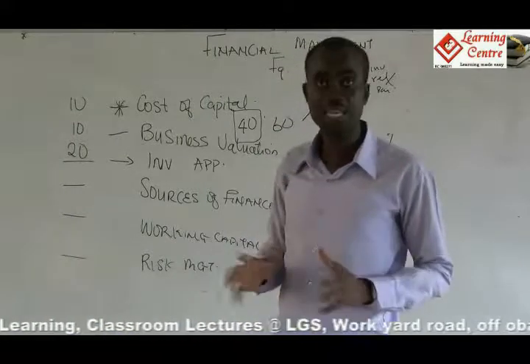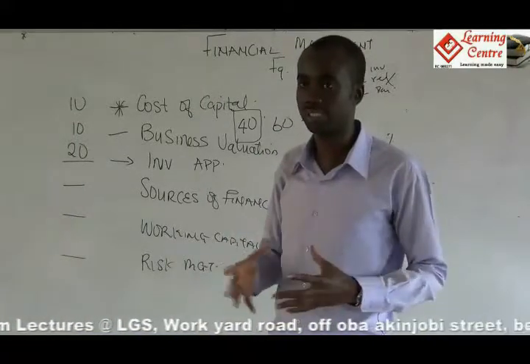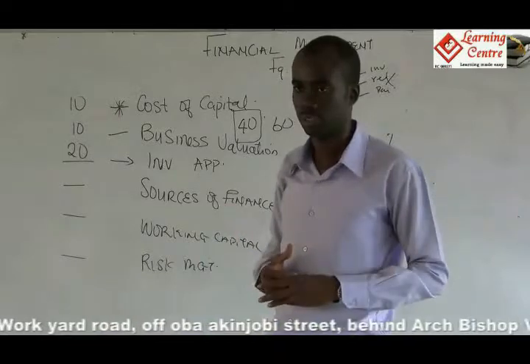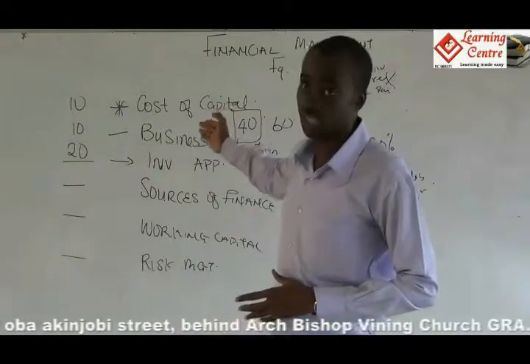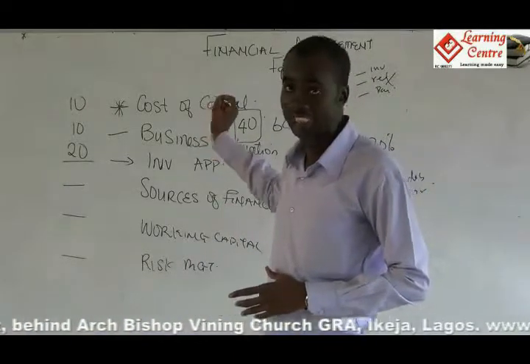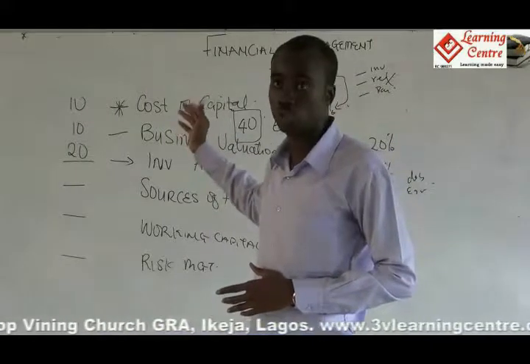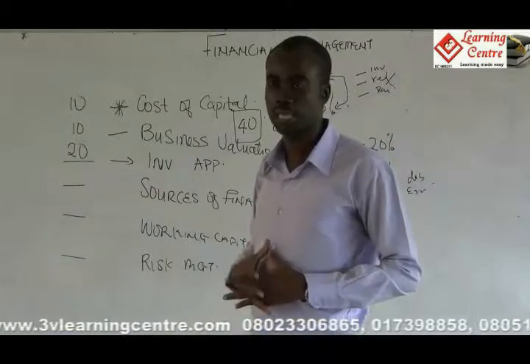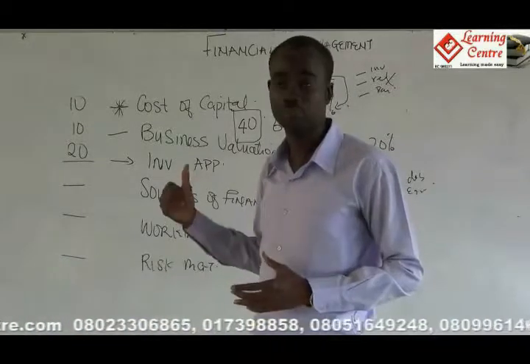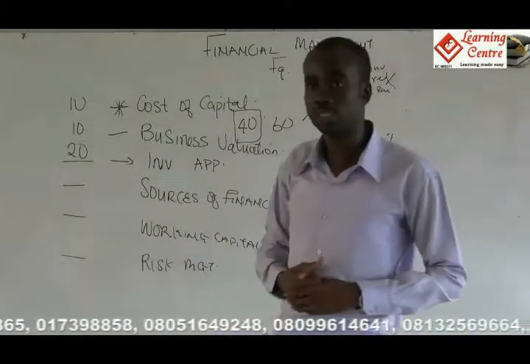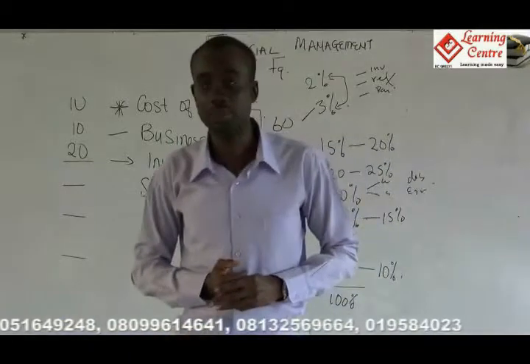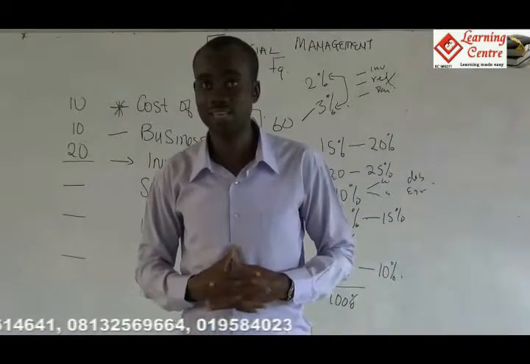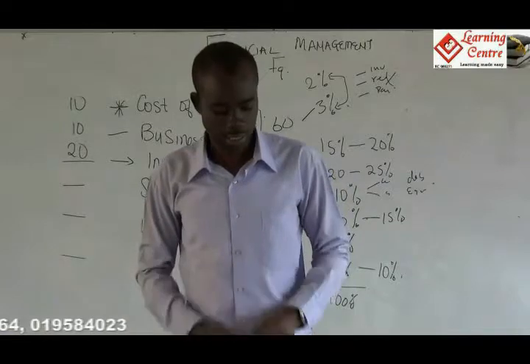For 3V Learning Center, we've had good pass rates in financial management. This is the strategy we've been adopting, and this is the strategy we'll continue to adopt because it's been working. And I want to believe that if you adopt the same strategy, you would see ourselves in P4, Advanced Financial Management. Thank you so very much.